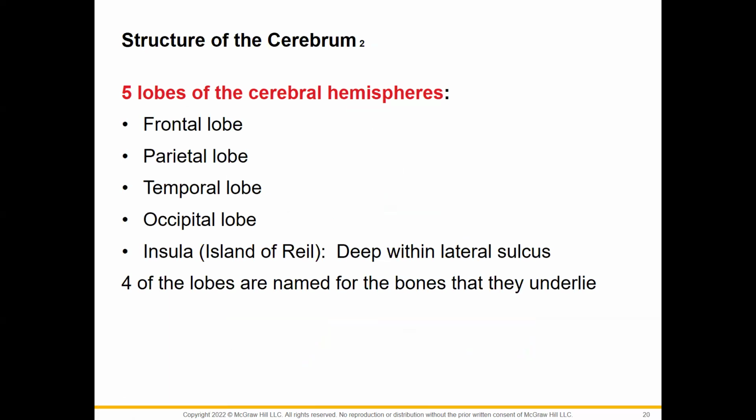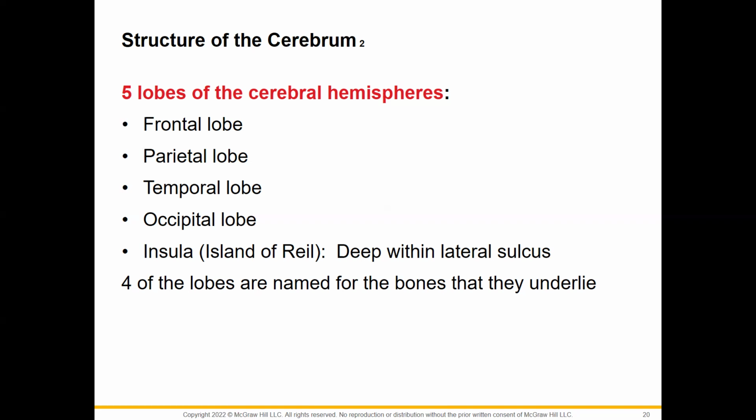If you continue looking at the cerebrum, there are 5 lobes or 5 parts of the cerebrum. You have the frontal lobe, parietal lobe, temporal lobe, occipital lobe, and the insula. You notice that the first 4 lobes are named for the bones that sit on top of them.